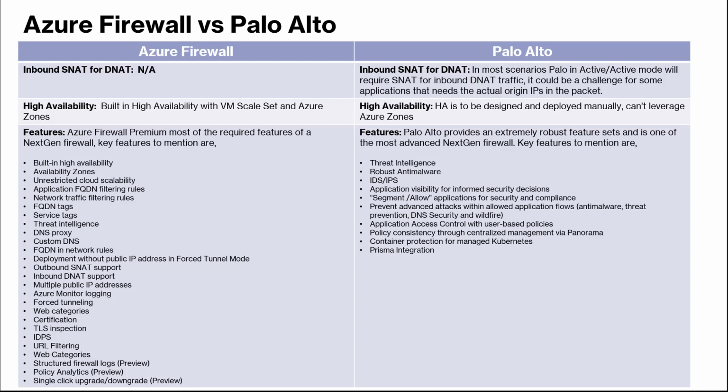Palo Alto is way more advanced when we talk about features. Azure is trying to catch up, but it provides most of the common features that most organizations need. Now, if your needs are different, if you are really futuristic and you need to do some advanced stuff with your firewall, then of course Palo Alto is a clear-cut winner.